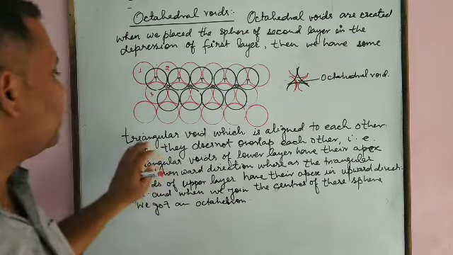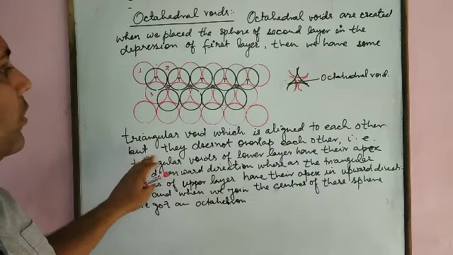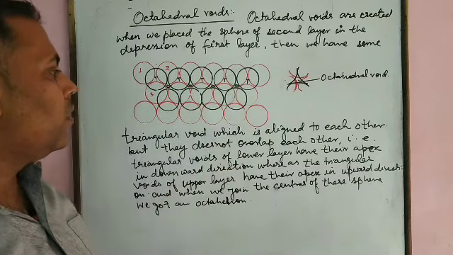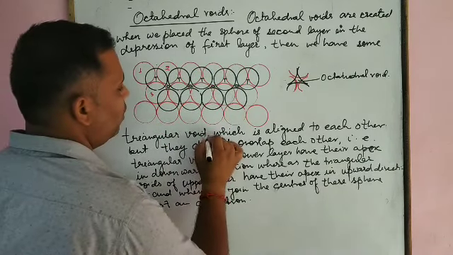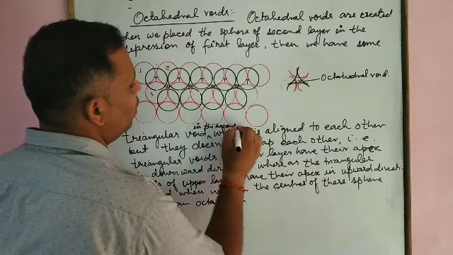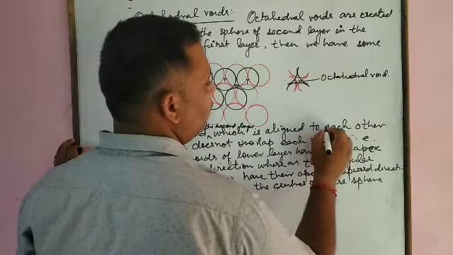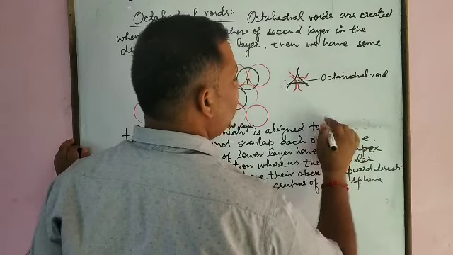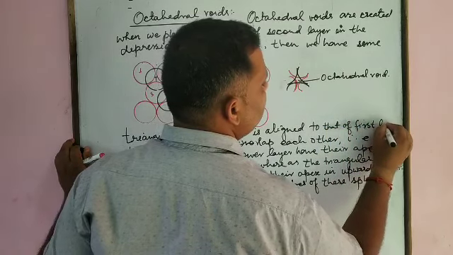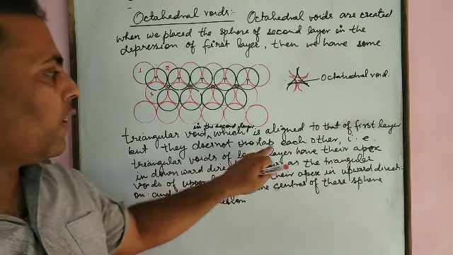Then we have some triangular voids which are aligned to each other. That means we have triangular voids in the second layer which are aligned to those of the first layer, but they do not overlap each other.